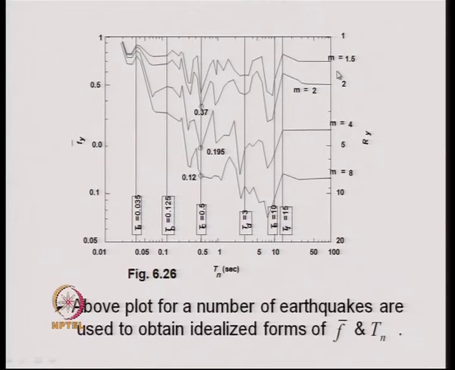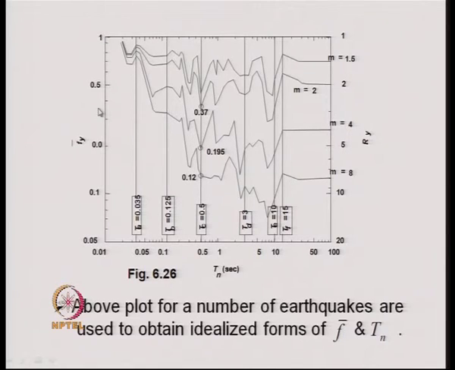They will be all mu equal to 1.5 or 2, 4, 6, 10 and so on, and for this we have these curves plotted, and these curves are nothing but f bar y plotted against Tn, and that is the aim that we had. So, for a given value of mu, we can find out what is the value of f bar y. So, once we do that, then you take any time period, and for a specified value of mu, one can immediately get the value of f bar y.